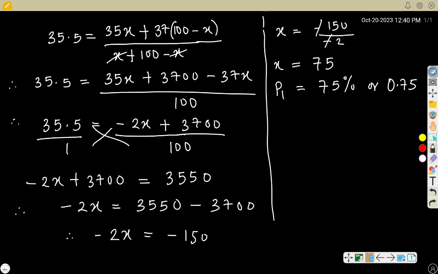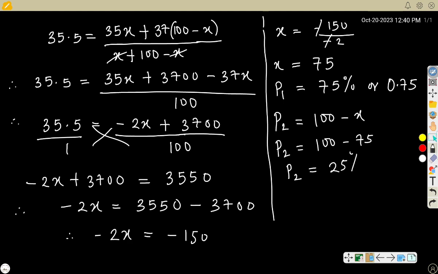So we know that P2 is 100 minus X. So P2 will be equal to 100 minus 75, so P2 is equal to 25%, or 0.25 if you change it to decimal. So now we have known the relative abundance for each isotope.